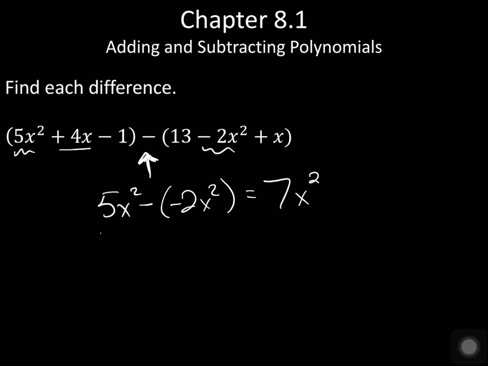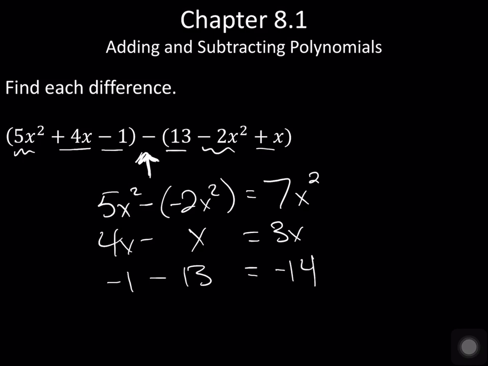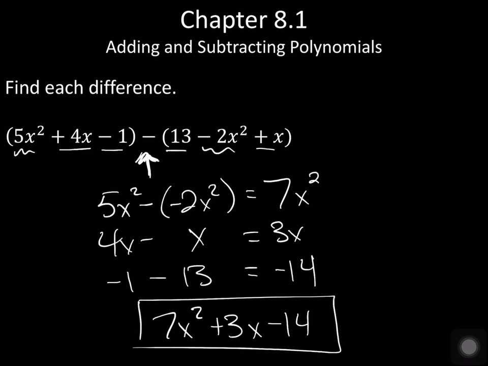We also have 4x minus an x, again that's a positive x, so no need for brackets. 4x minus x would leave us with 3x. And minus 1 minus 13 is minus 14. Standard form, greatest to least: 7x squared plus 3x minus 14. Look back over it if you need to.